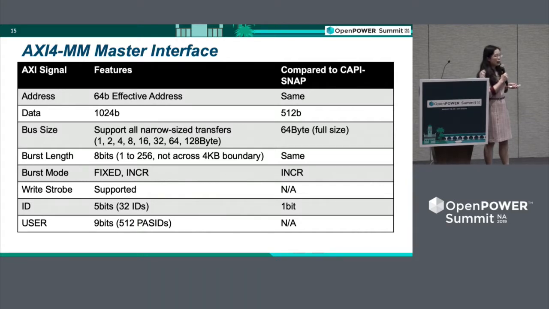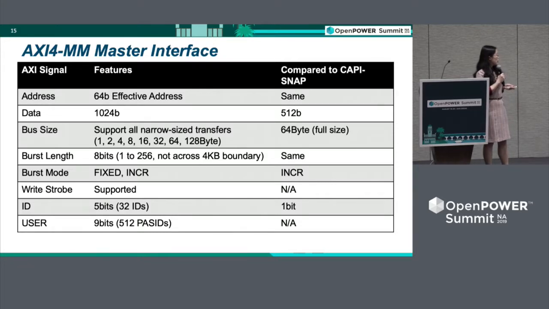We support all kinds of narrow-sized transfers. I think that may benefit the Apache Arrow or something. We support all sizes from 1 byte, but previously, Snap only supported 64 bytes, that is the full size of the data width. Burst length we didn't change, it is the same. For the burst mode, we also added a fixed type.